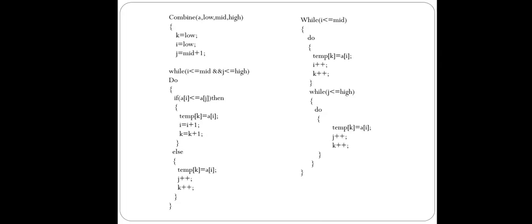So we are indexing the first sub problem, we are pointing it by i, and the other sub problem we are pointing it by j. So here we have written the logic for the combination for the array. So we will see the example.